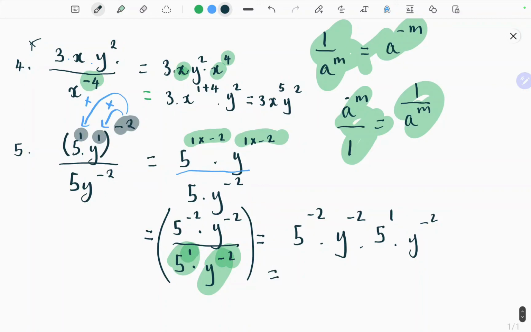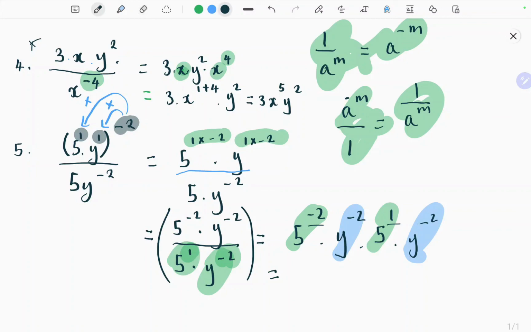And these two are like terms, and these two are like terms. They have the same base, so you just add the exponents, right? So -2 plus 1 is 5 to the power of -2 plus 1, and y -2. Oh, I never changed the sign. The signs were not changed.